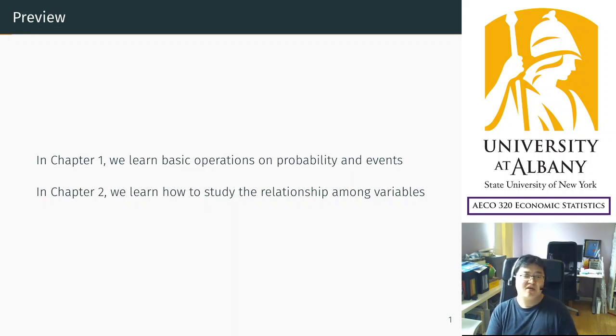We are going to study the relationship among variables using probability. In the previous chapter, there was no clear purpose of the analysis, and no clear example of why we need to study this.